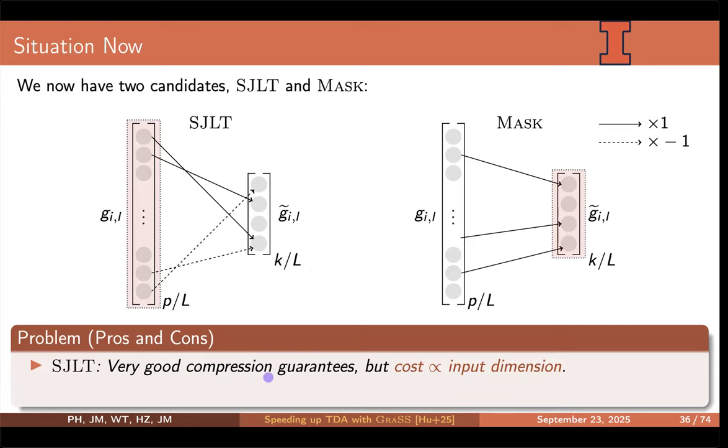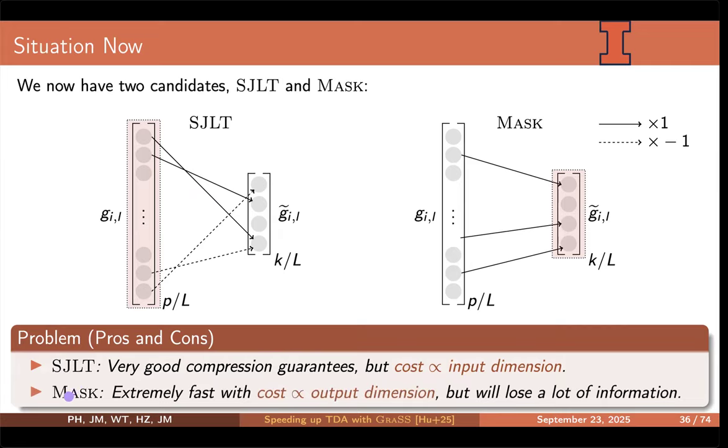So it has very good compression guarantees, but the cost is proportional to the input dimension. On the other hand, mask is extremely fast, with cost only proportional to the output dimension, but we will lose a lot of information. So now the question is, how can we combine them?